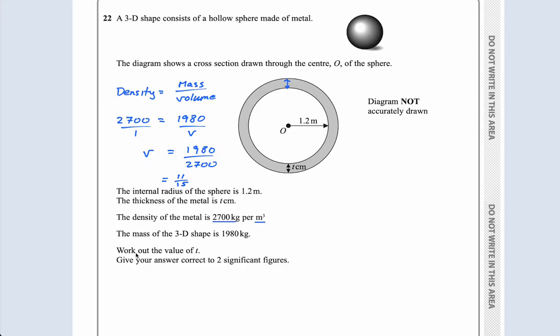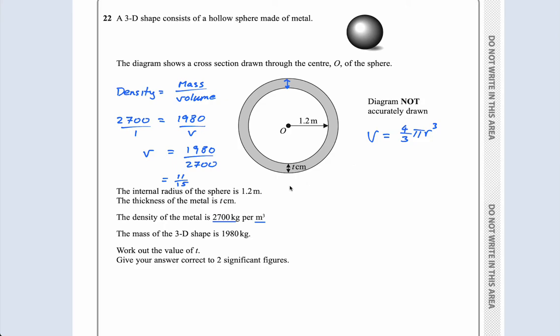Okay, it says work out the value of t, give your answer correct to two significant figures, right? The volume of a sphere is 4 over 3 pi r cubed. This is the formula in the formula sheet. Go up and have a look if you want, but that's it. Now that's the volume of a sphere, but the volume of our metal will be the outer.